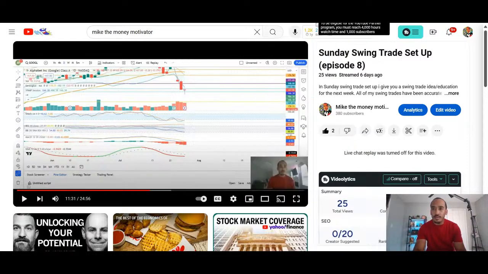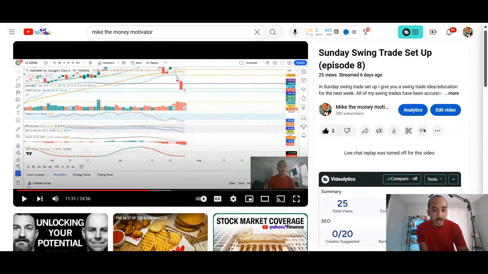So let's go to TradingView and see what happened. If you're new to swing trading or day trading, when I'm looking at these charts, if you look in this top corner over here, it's a day period. So each candle represents a day. When I'm swing trading, you see how these candles ended lower each time?